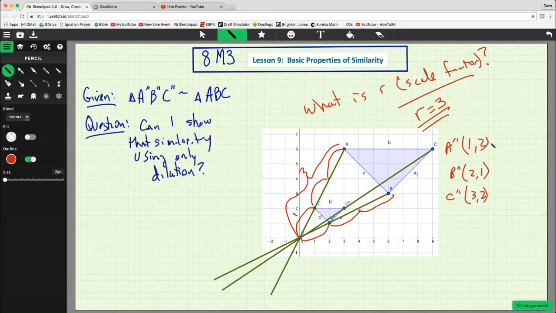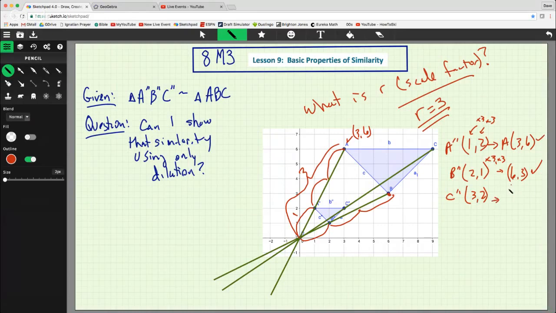And if my R is 3, I should be able to multiply each coordinate times 3 and get my new coordinate. And so my A would be at 3, 6. And it is 3, 6. And my B point should be at 3 times 2, 3 times 1, which is 6, 3. And it is.